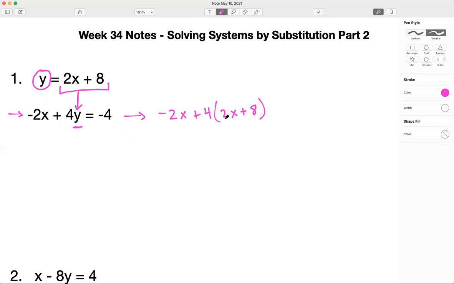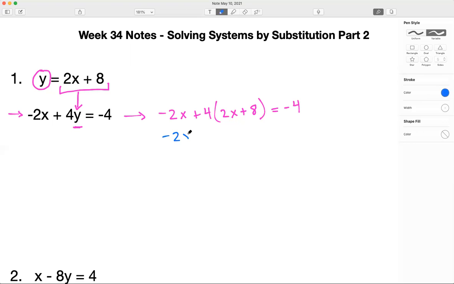Instead of writing y, I wrote 2x plus 8 because it's equal to y. And now what do we have? We have one equation with one variable, and now we can solve for that one variable. So that would be the first step in figuring out what one of these variables is. Let's solve it.